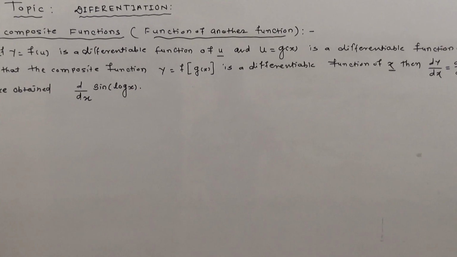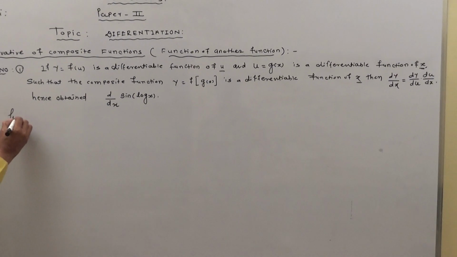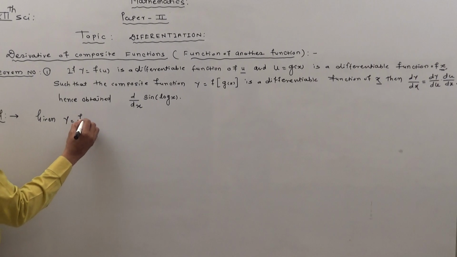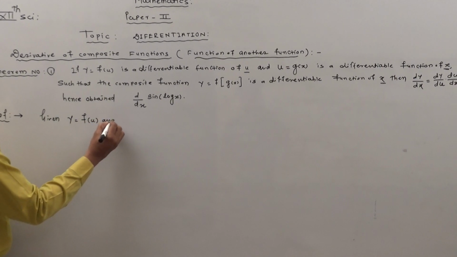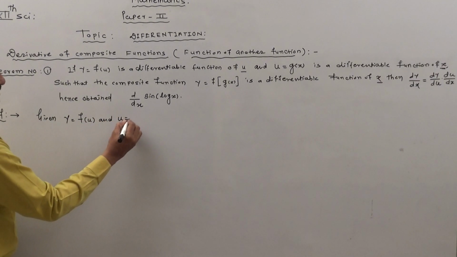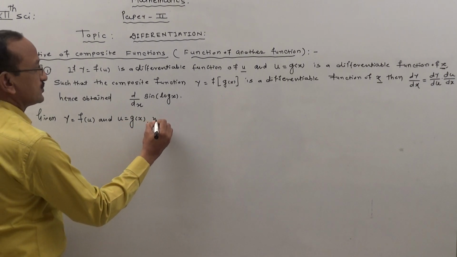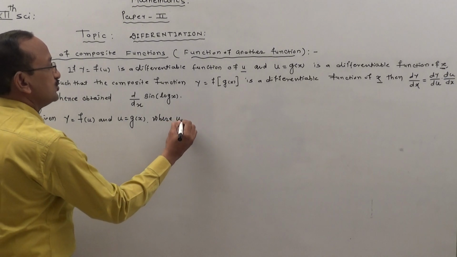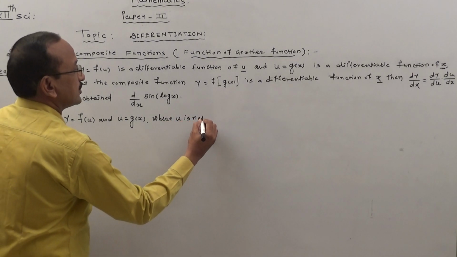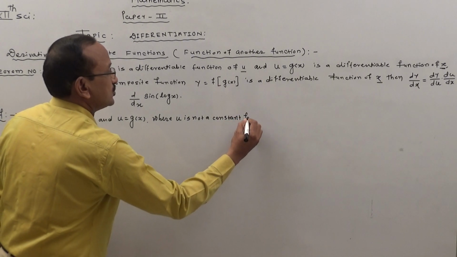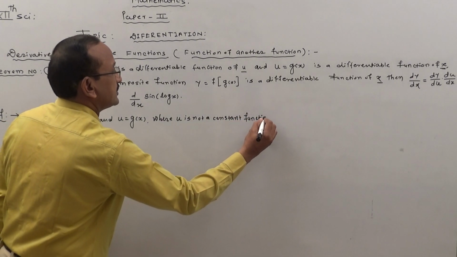Now prove it. So given y is equal to f of u and the function u is equal to g of x, where u is not a constant function.